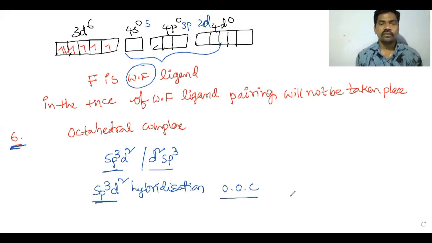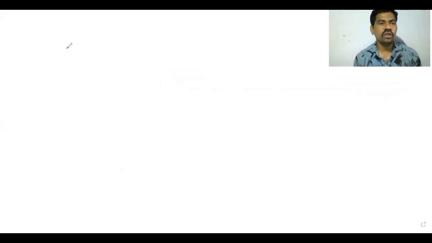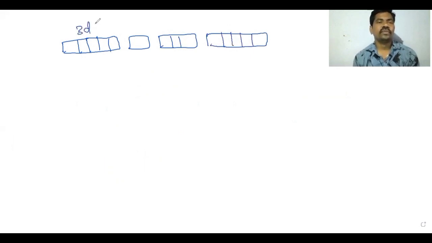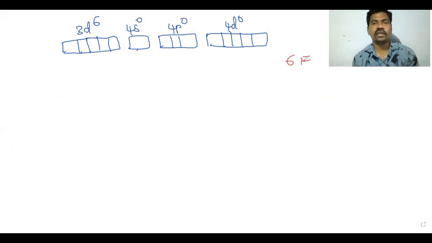Now this is the 3d level, this is 4s, this is 4p, and this is 4d: 1, 2, 3, 4. So this is 3d6, 4s0, 4p0, then 4d0. How many fluorines are present in this coordination compound? A total of 6 fluoride ions are present.